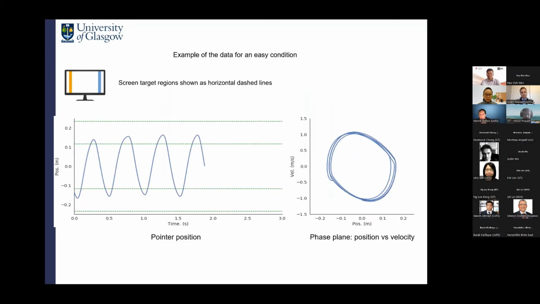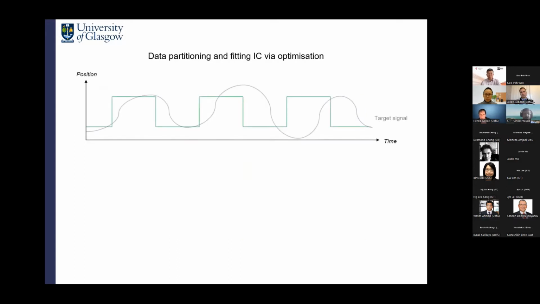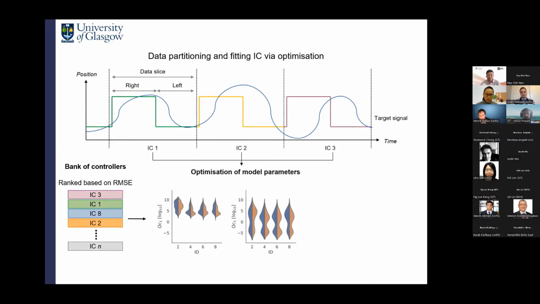How can we explain this? You could just add noise to the system, or if you apply an intermittent control framework, then you can actually develop a model for each of these pointing tasks. And you have a range of models in this case. You optimize the model parameters individually and have a range of models which can then be displayed in this way.